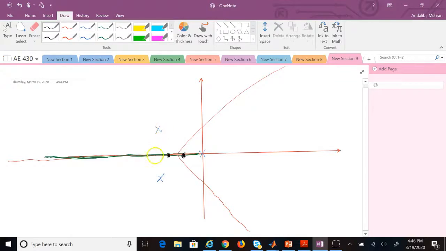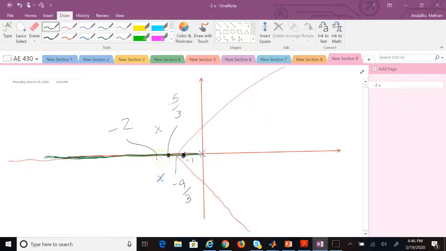Remember, this is negative 2 here, and this is negative 4 over 3, right? So this is negative 1. This point is negative 4 over 3. This point is negative 5 over 3. And this point is negative 2. So one of the places that the Root Locus gets off the real axis is this. One of them is this, right?